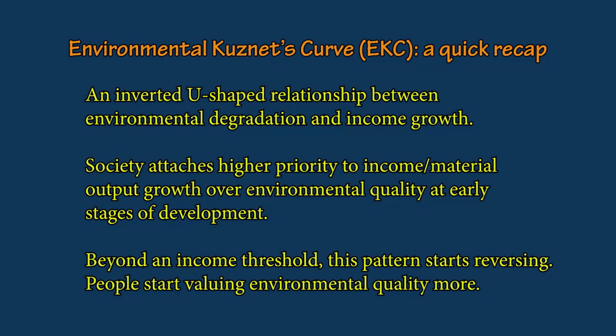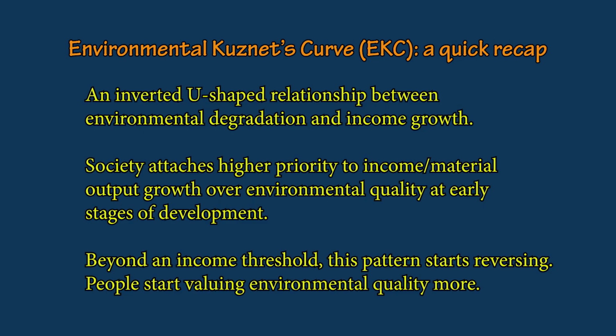First of all, let us have a very quick recap on the environmental Kuznets curve hypothesis. We have learned that the environmental Kuznets curve hypothesis is an inverted U-shaped relationship between economic activity, economic growth and environmental degradation. Why does this happen?